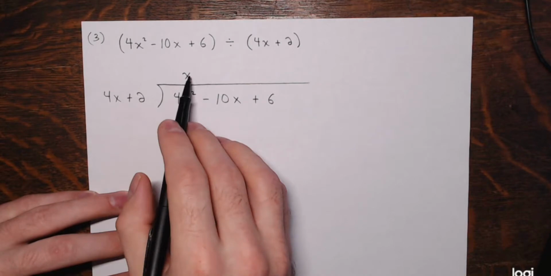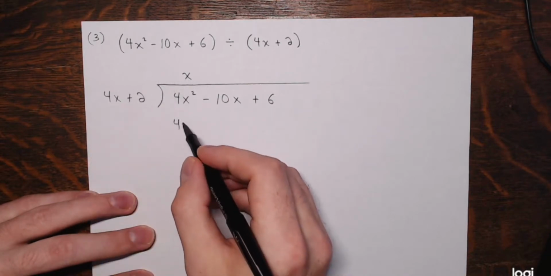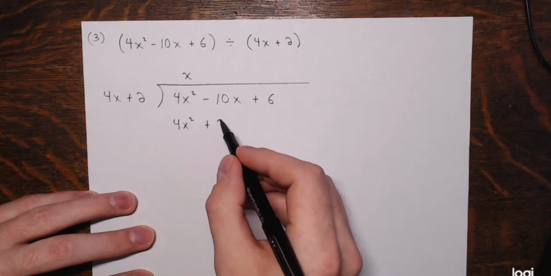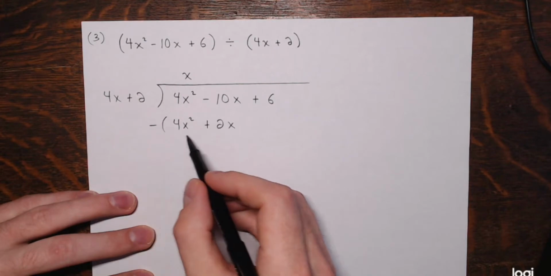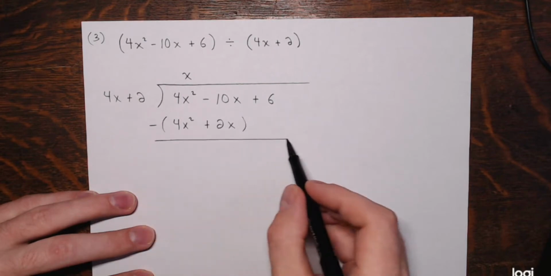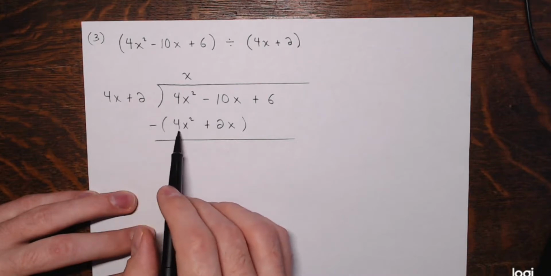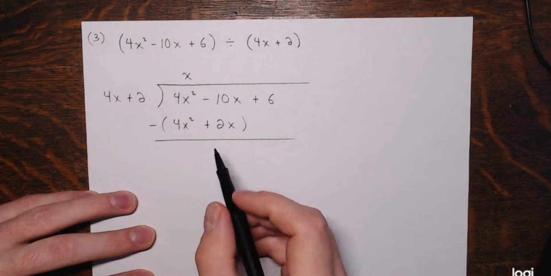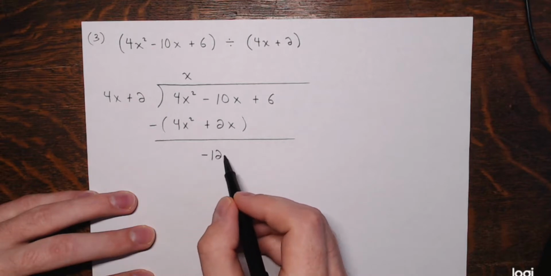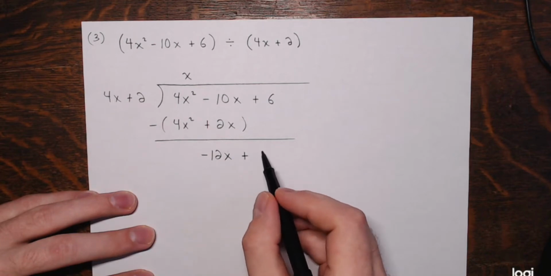Multiply by the divisor. x times 4x plus 2 would be 4x squared plus 2x. Then subtract this entire line from the line above it. 4x squared minus 4x squared is nothing. Negative 10x minus 2x is negative 12x. And then 6 minus nothing is plus 6.